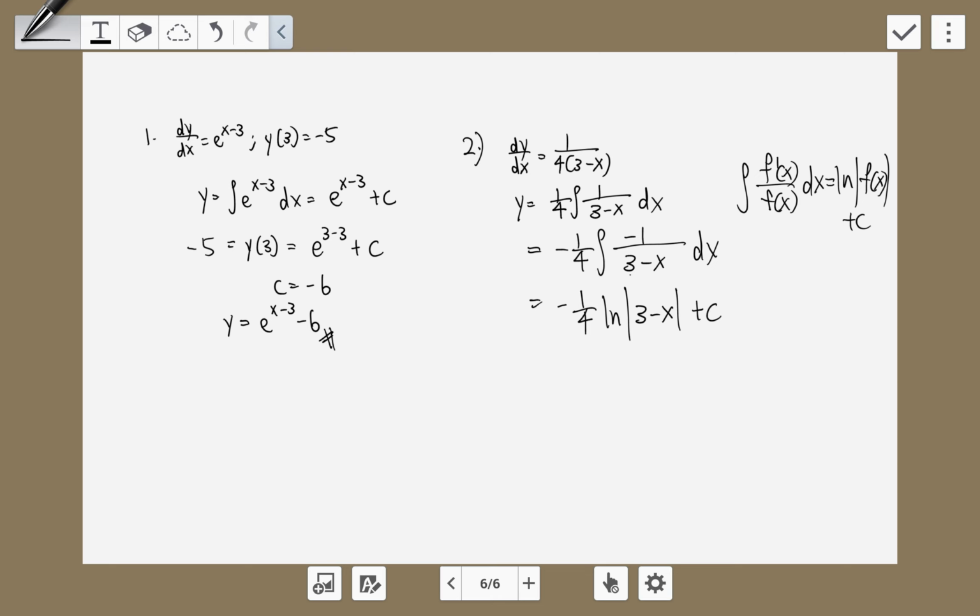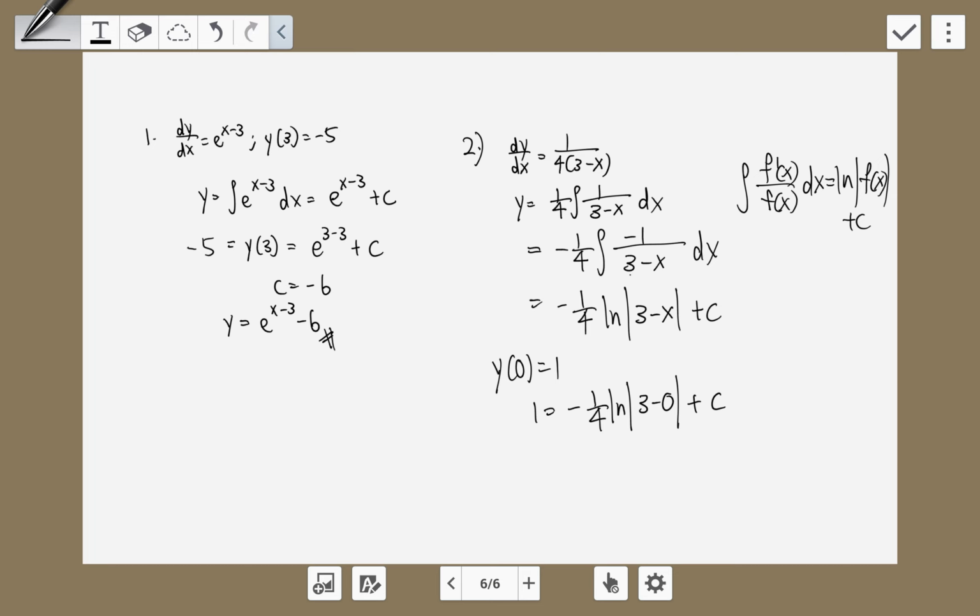Okay, so y(0) equals 1. That means 1 equals minus 1 quarter ln(3-0), which is just ln 3, plus c. So this is a c.